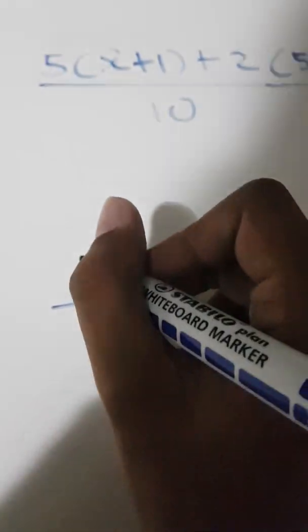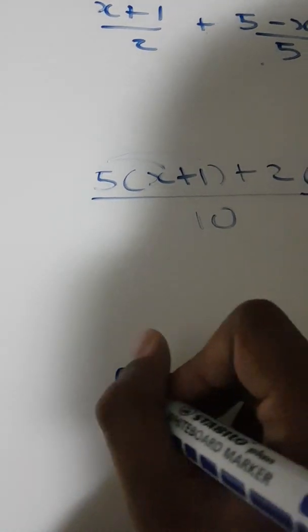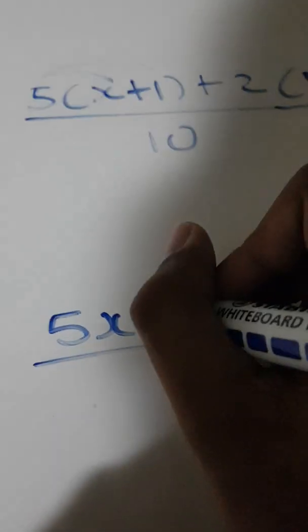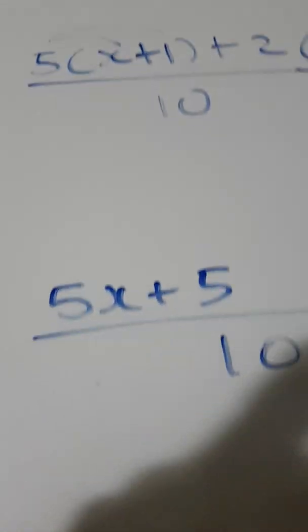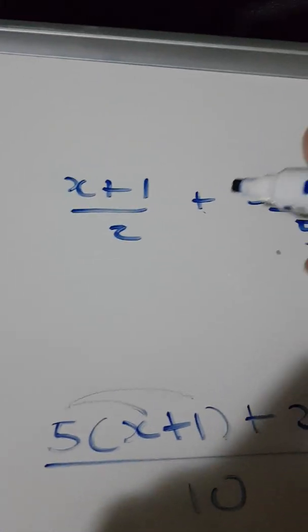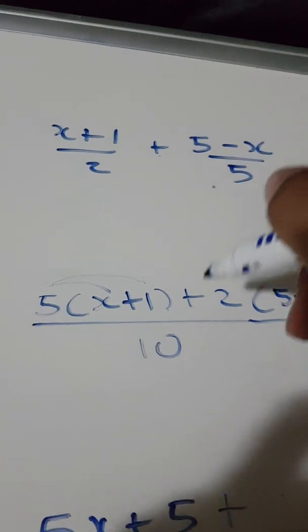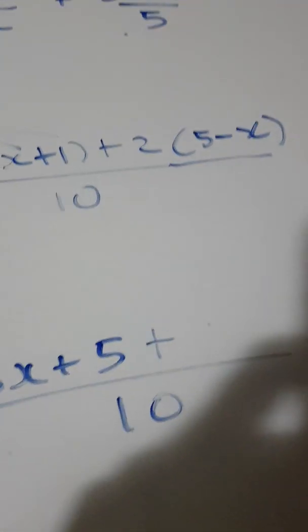So this will be 5x plus 5, because 5 times x will give us 5x, and 5 times 1 will give us 5. Bring down the operation. The same operation from the beginning stays.